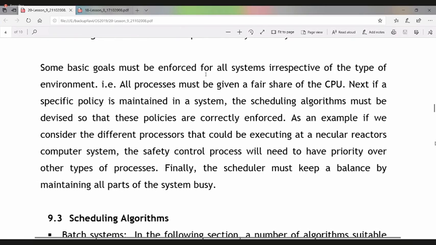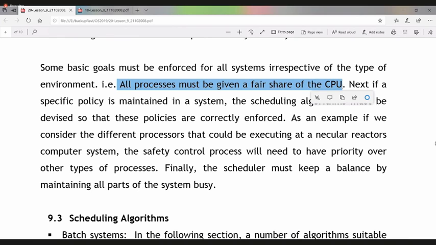So some basic goals must be enforced for all systems, irrespective of the type of environment. We talked about separate goals for three systems, but there are common goals. All processes must be given a fair share of the CPU.